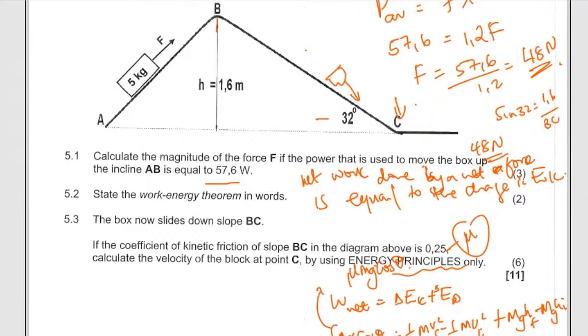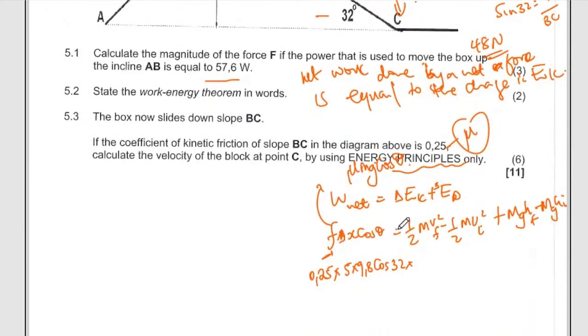So BC is going to be 1.6 divided by the sine of 32. It gives me 3 something. So my displacement is 1.6 over sine of 32.